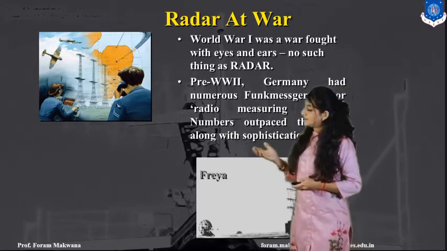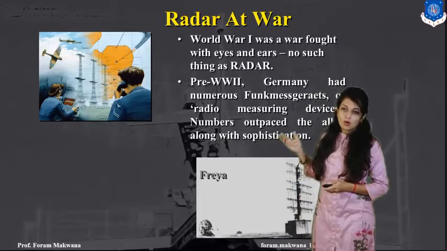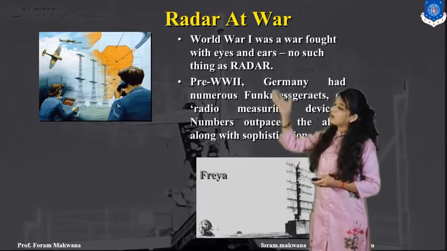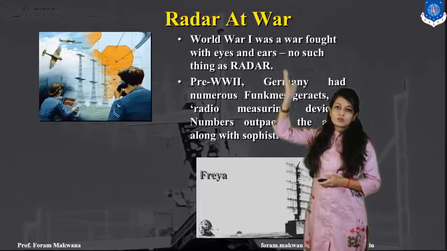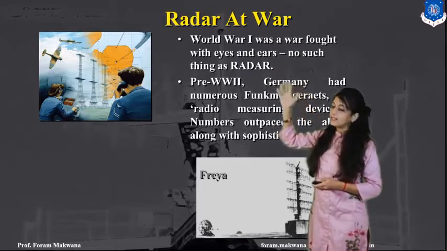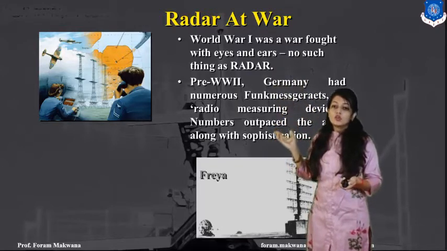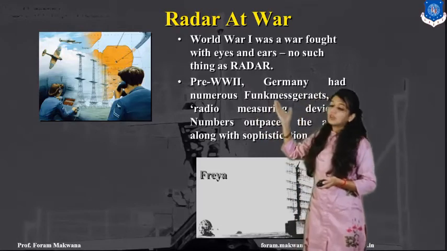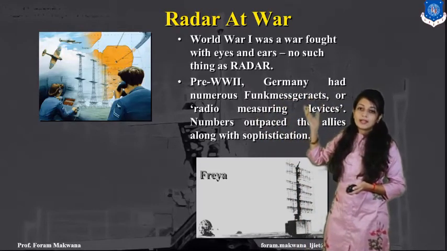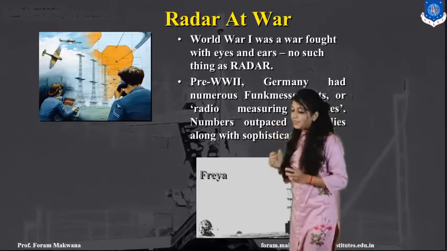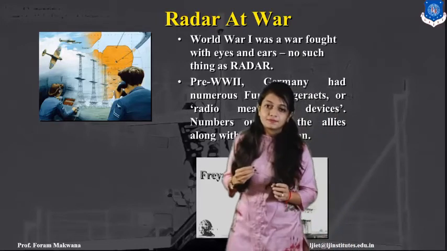Now we can see the application of radar in war. In World War I, things were fought with eyes and ears; there was no such thing as radar, right? Before World War II, Germany had a radio measuring device.